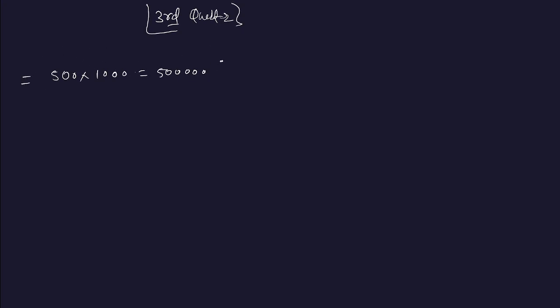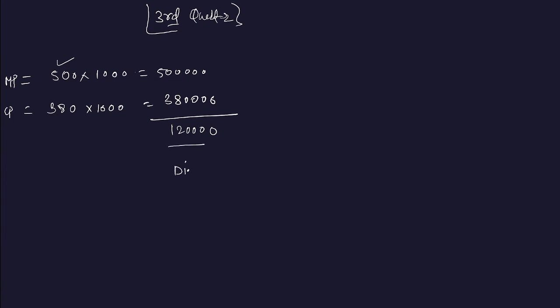This is the total exposure as per the market price. And the contract price is 380 into 1000, 3,80,000. Total difference is 1,20,000.